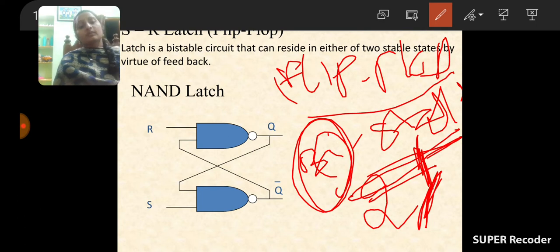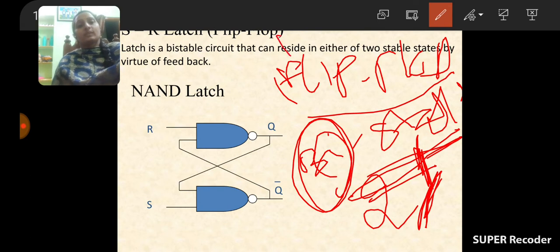What are the 2 stable states? One is flip and the other is flop. Here flip indicates set and flop indicates reset. And flip indicates high level output and flop indicates low level.